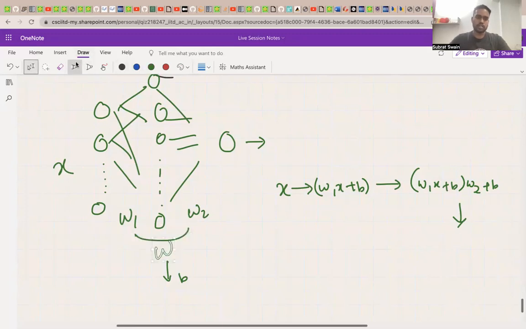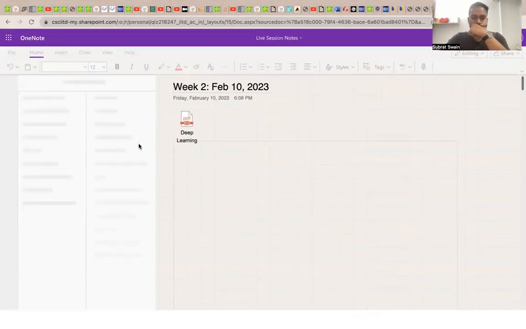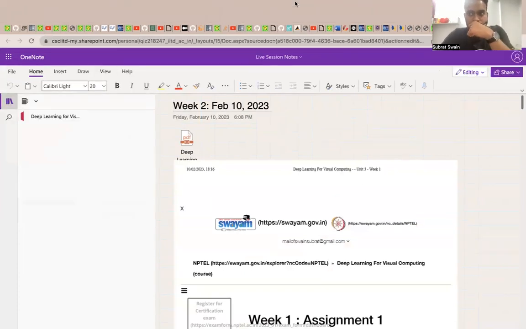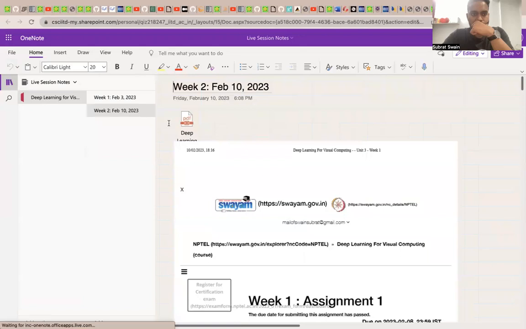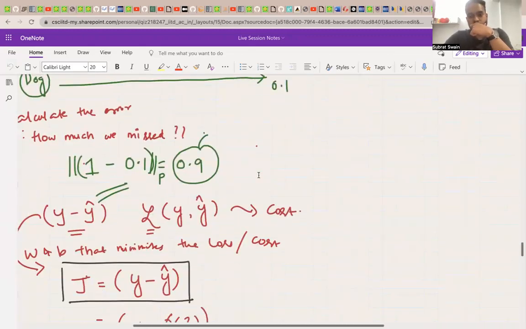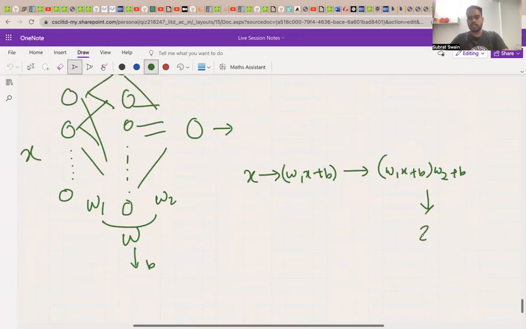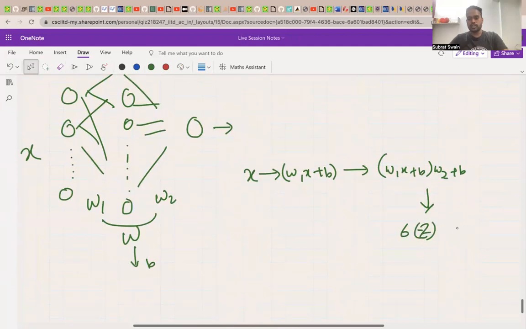This is Z now, and you pass the non-linearity here, and you get y hat.